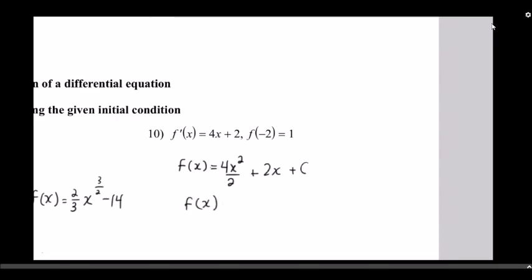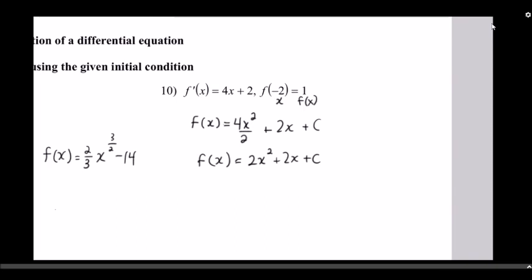And simplify the coefficient of x squared to get 2x squared plus 2x plus c. Now we use the initial condition. That's our x value. That can be our f of x value. So we have f of x is equal to 1, and all the x's are equal to negative 2.